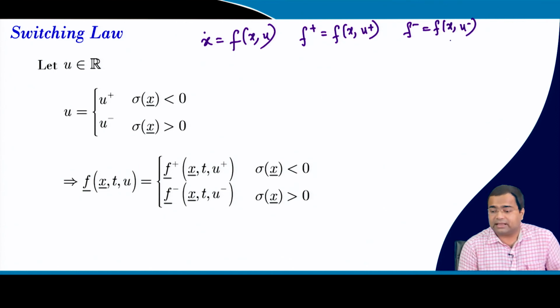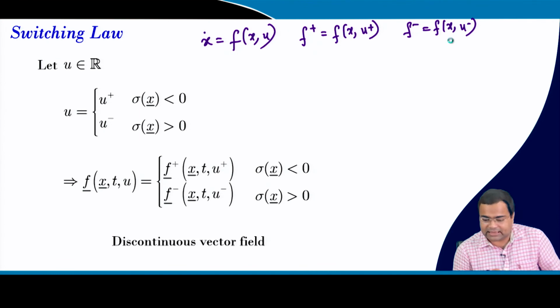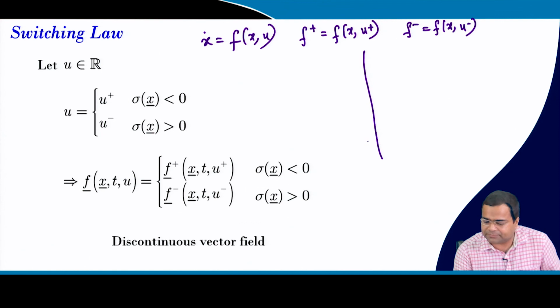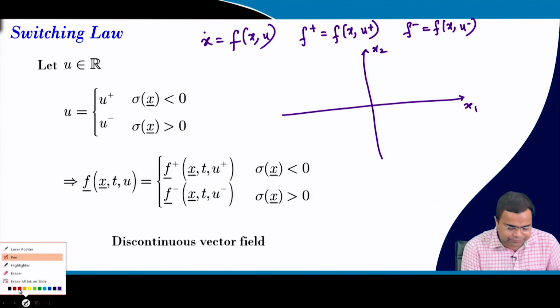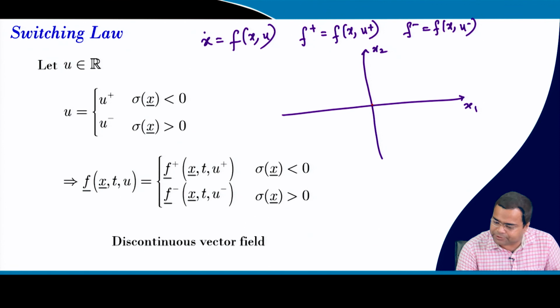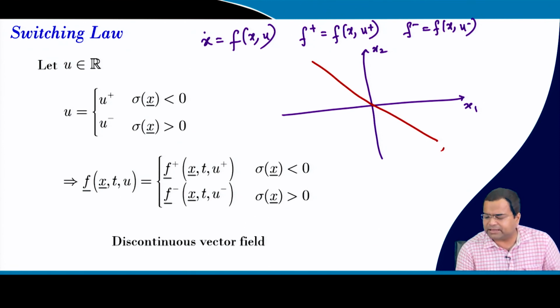And we are taking these on either side of the plane. That means, if we consider x1, x2, a second order system, for example, and suppose we draw a line like this, this is my sigma x equal to 0.